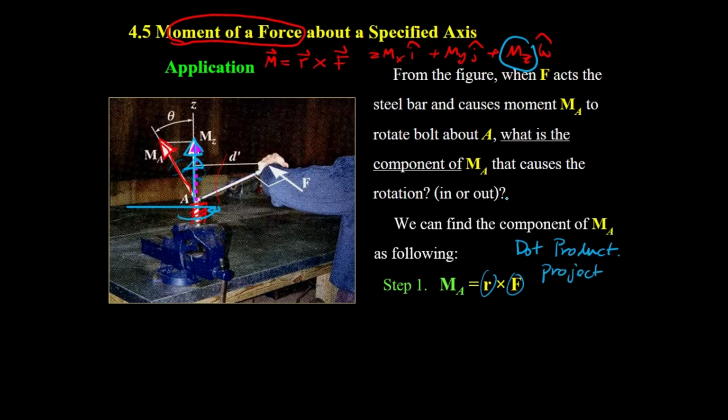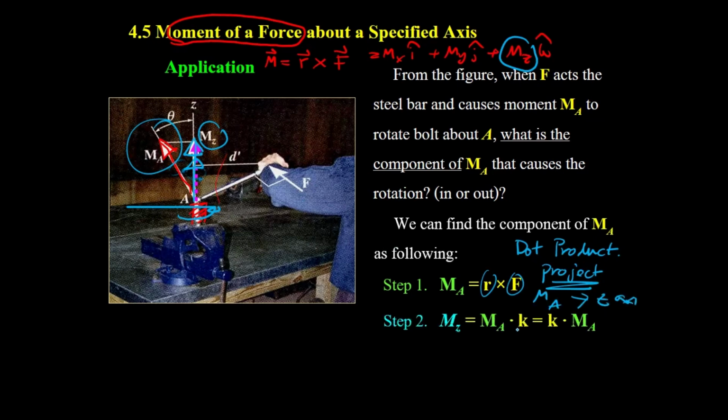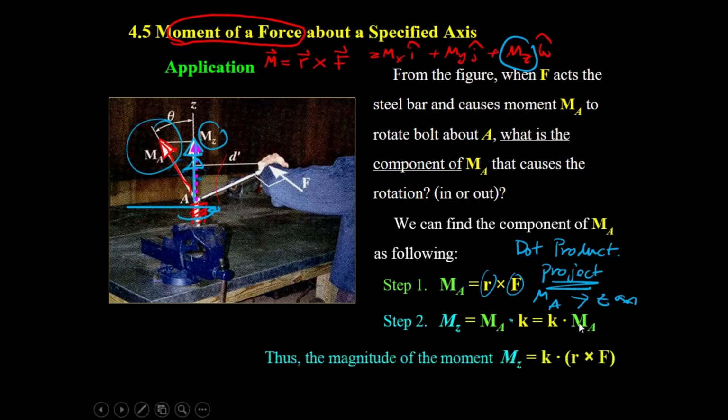We have to determine M sub C. That means we have to project M sub A onto the C axis. How to do it? We use the dot product. Based upon this, we may write the moment M sub C that's required to turn the screw here.